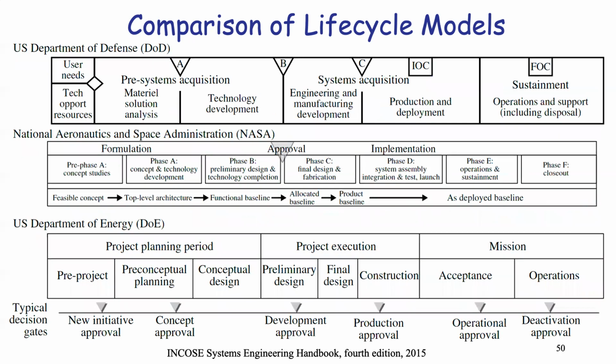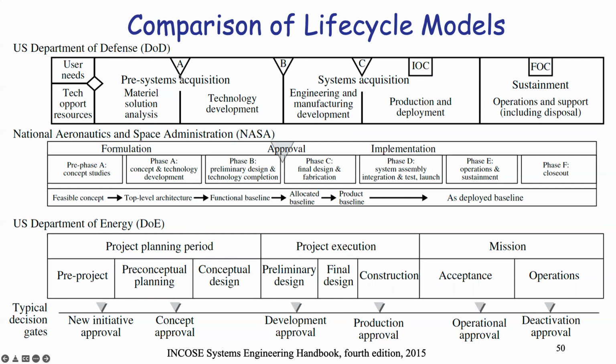And here we have some specific examples for parts of the US government. We have the Department of Defense, NASA, and the Department of Energy. You may have experience with one or more of these, and if you don't, that's perfectly fine. Over time, you'll start to see that. We see that there are these different milestones that they have with these little inverted triangles.